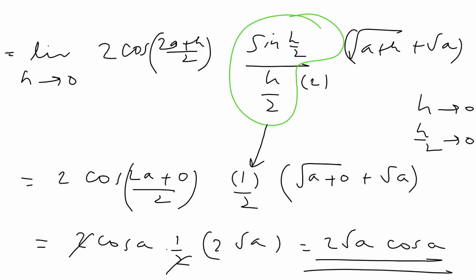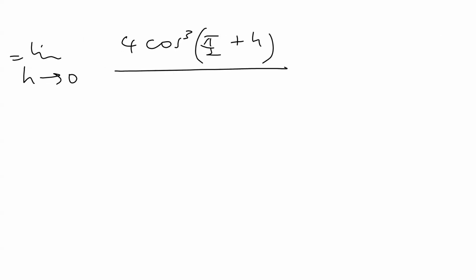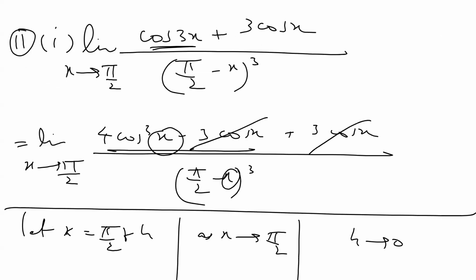So limit h approaching 0, okay, so x is pi by 2 plus h, 4 cos cube pi by 2 plus h upon pi by 2 minus pi by 2 plus h the whole cube.